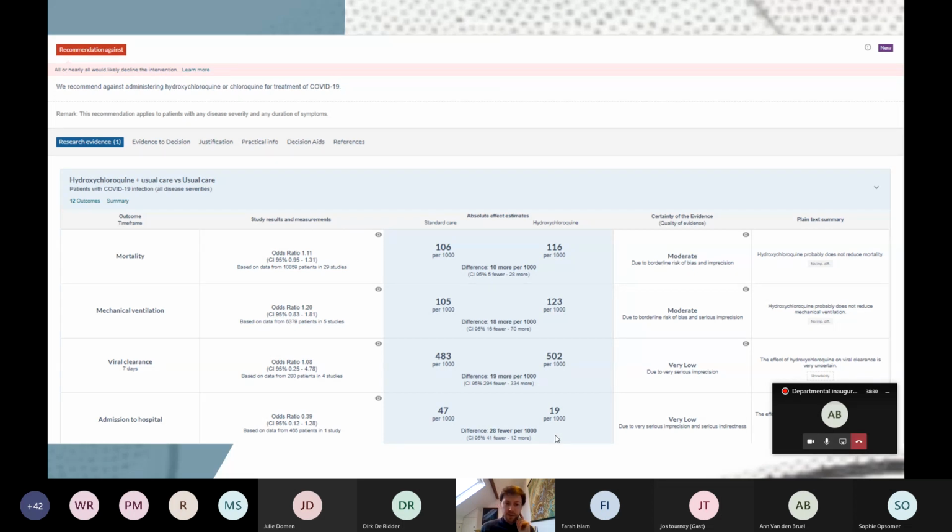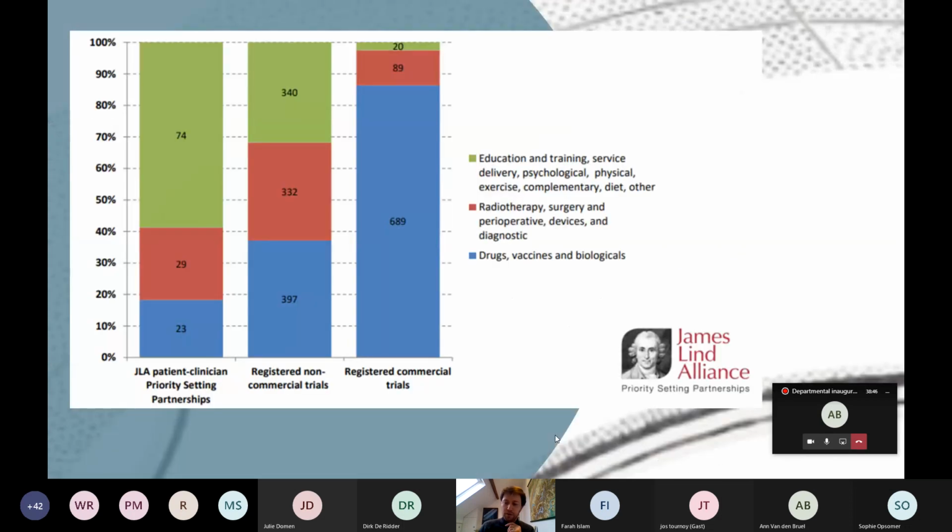Now, why is it important that we have this array of outcomes that we need to include patients to be able to find this method of scaling desirable and undesirable outcomes? That has to do with the fact that we're often missing what is really important to patients. And I don't know if people know this organization called the James Lind Alliance.